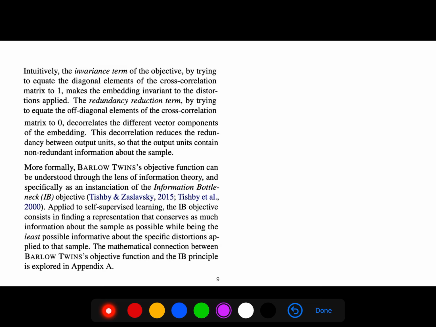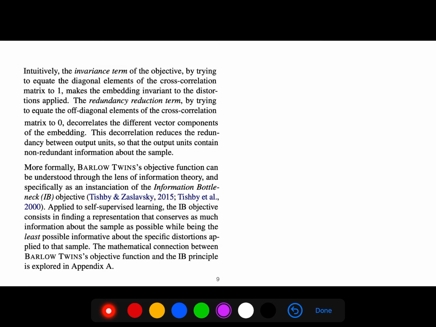This decorrelation reduces the redundancy between output units so that the output units contain non-redundant information about the sample. More formally, Barlow Twins' objective function can be understood through the lens of information theory, and specifically as an instantiation of the information bottleneck.